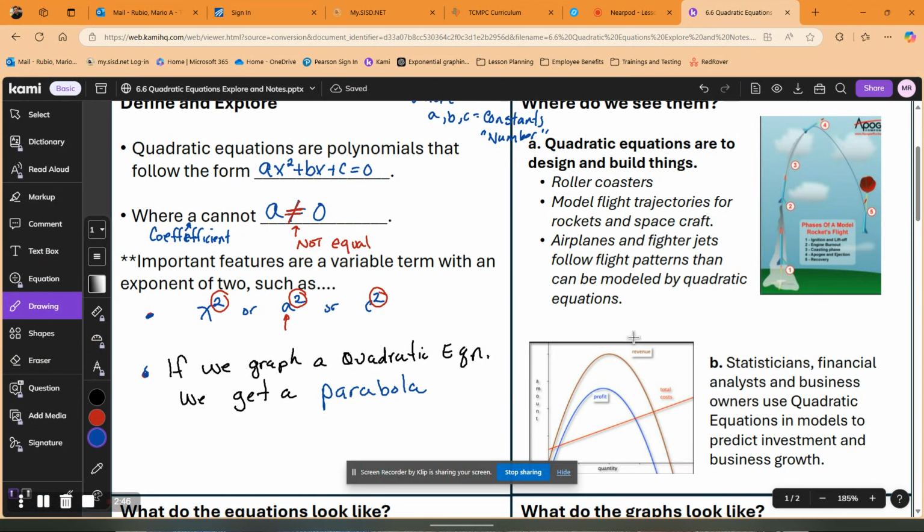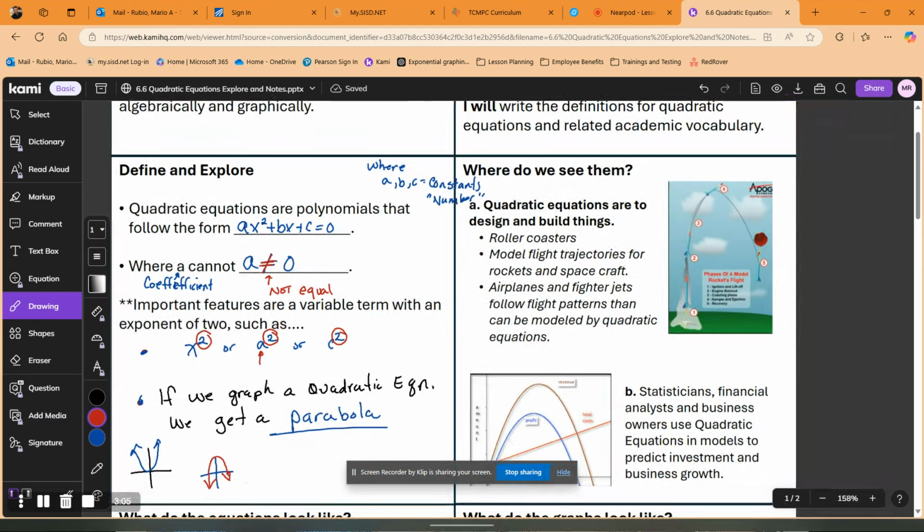Here's a graph, and a parabola can look like this, kind of like that U shape, or it can even be an upside down U, something like that, okay? Please write everything that's in this box on your worksheet. Even copy down the stuff that I typed here.